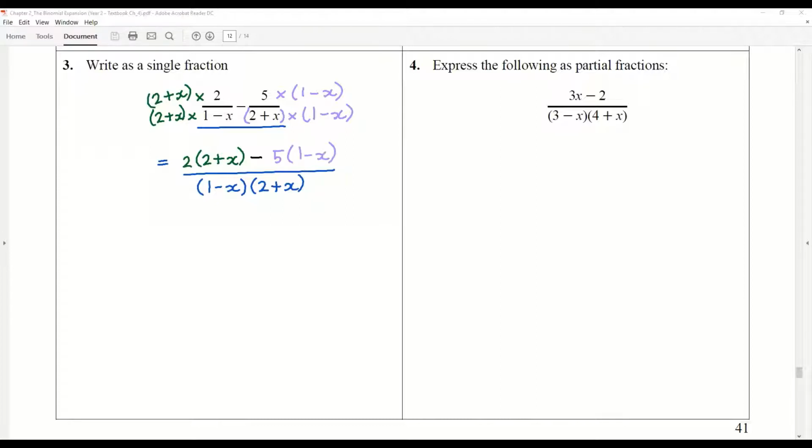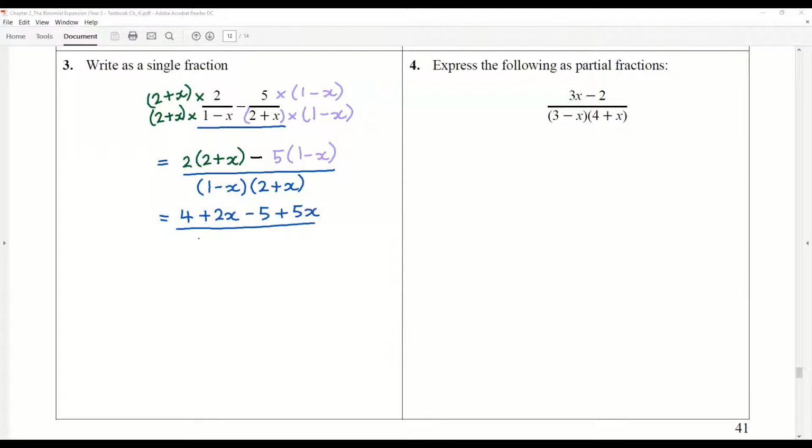And now it's just a case of tidying everything up, really. So let's just expand the brackets. So we have 4, add 2x, subtract 5, and then be careful with the double negative, add 5x. And if you like, you can expand the denominator if you want to.